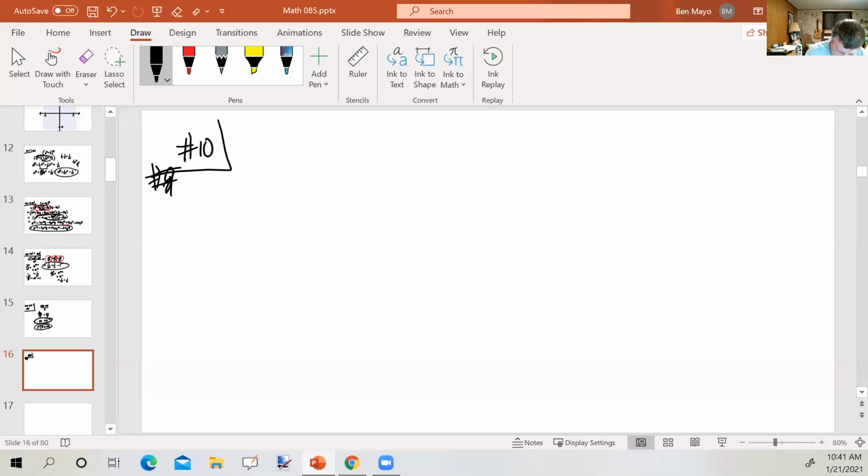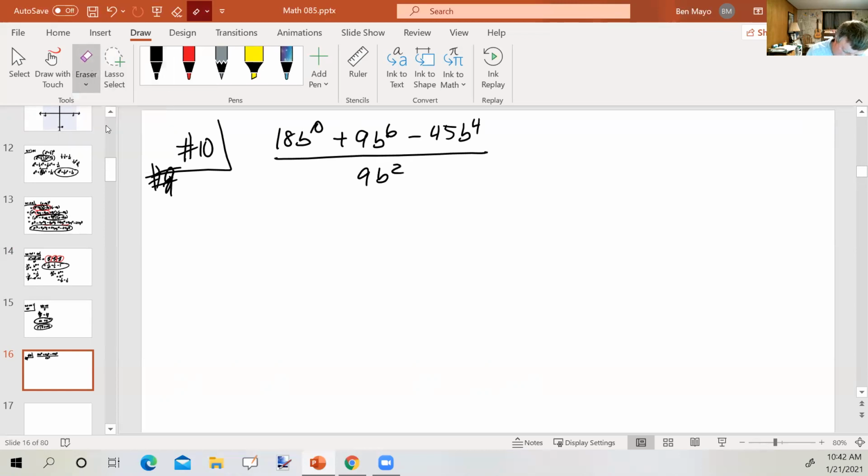So we have 18. Sometimes the numbers are the same, sometimes they aren't. 18b to the 10th plus 9b to the 6th minus 45b to the 4th, all divided by 9b squared. Let's see, this is supposed to be to the 10th.